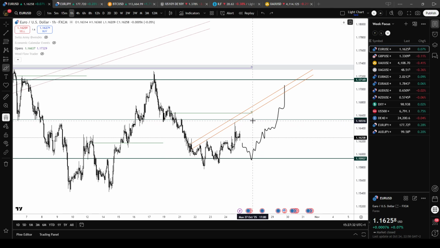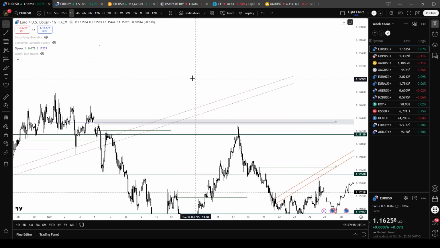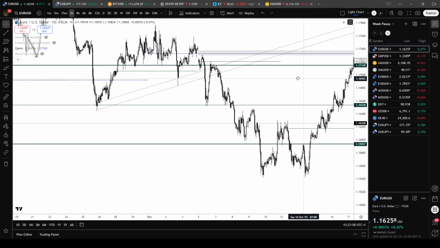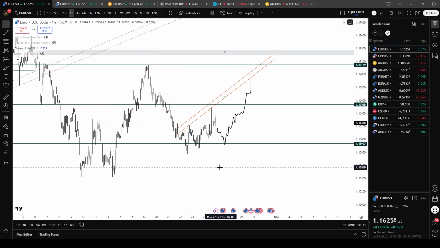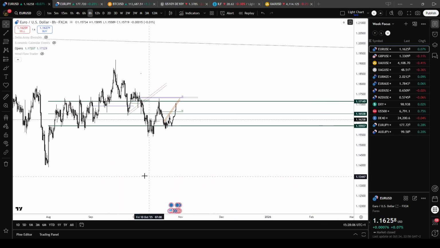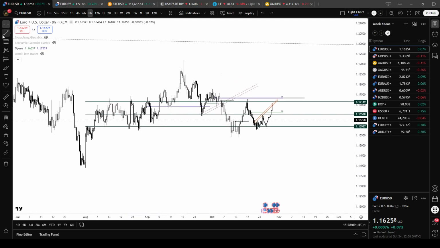Okay, so what I'm expecting for next week on euro is to rally on the first part of the week and do some sort of spike, just like it did on the last FOMC event, just like this one, and then start the correction lower and probably a proper breakdown from this range into this area here.